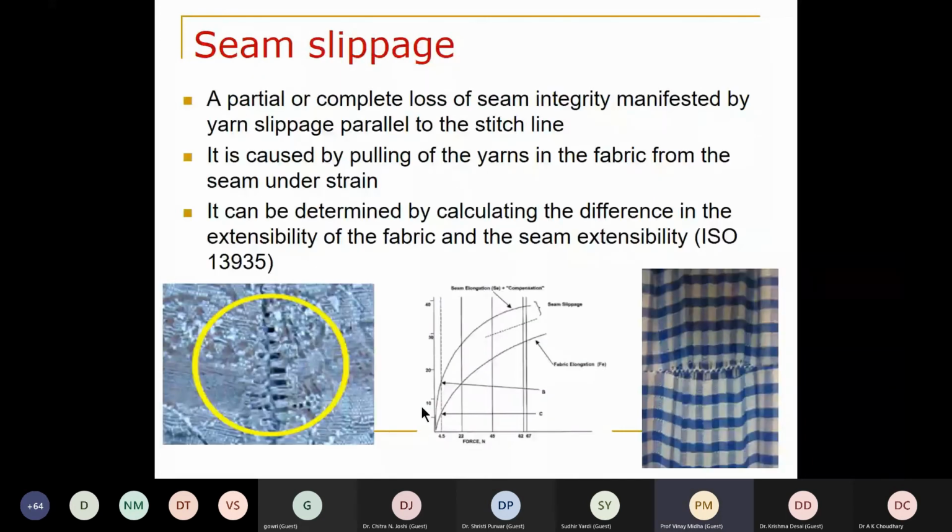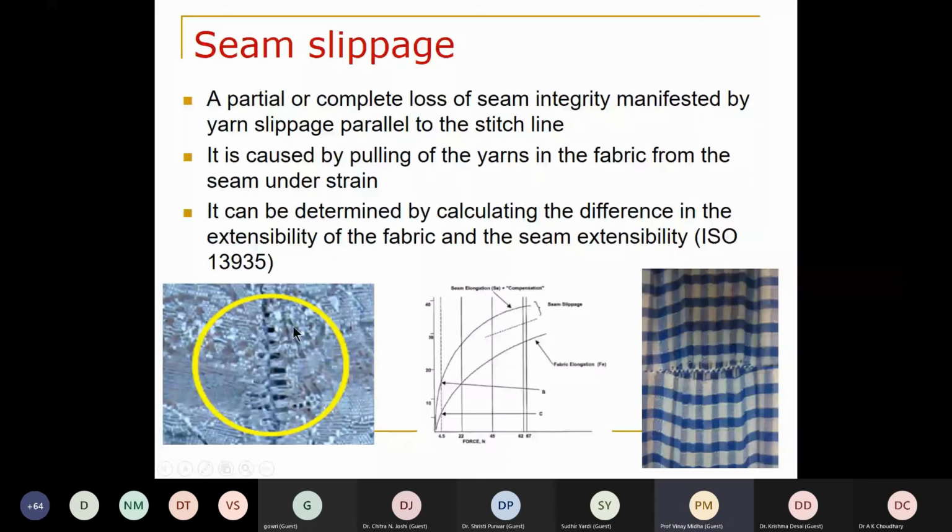Then the next performance parameter is seam slippage. A partial or complete loss of the seam integrity, which is manifested by the yarn slippage parallel to the stitch line, which we can see here, is known as seam slippage. It is caused by the pulling of the yarns in the fabric from the seam when strain is applied.